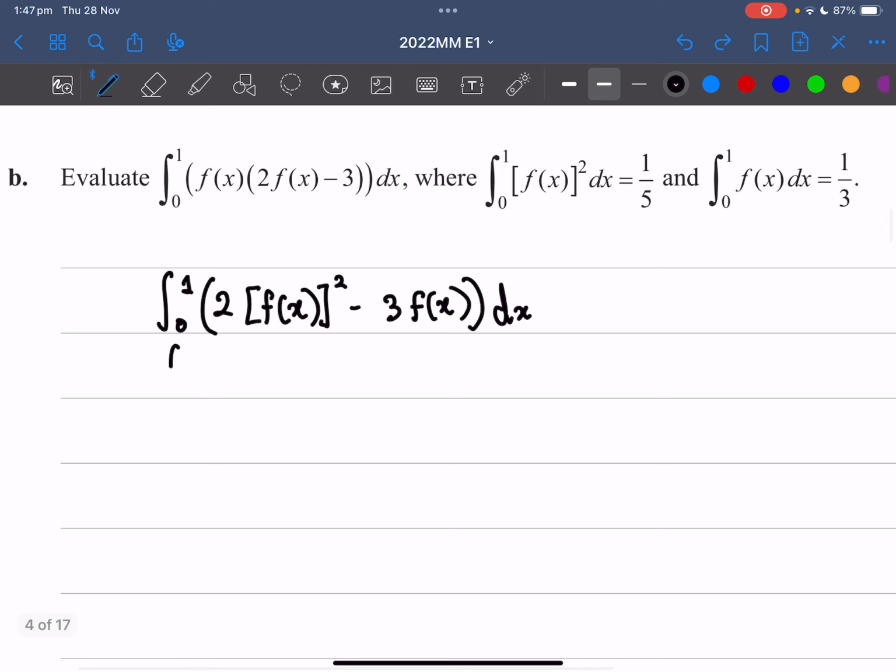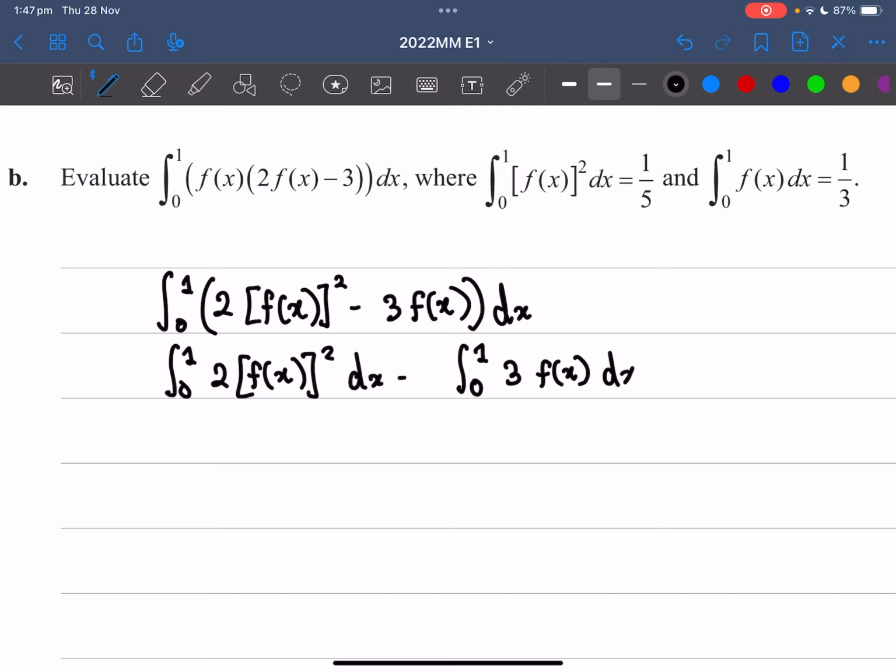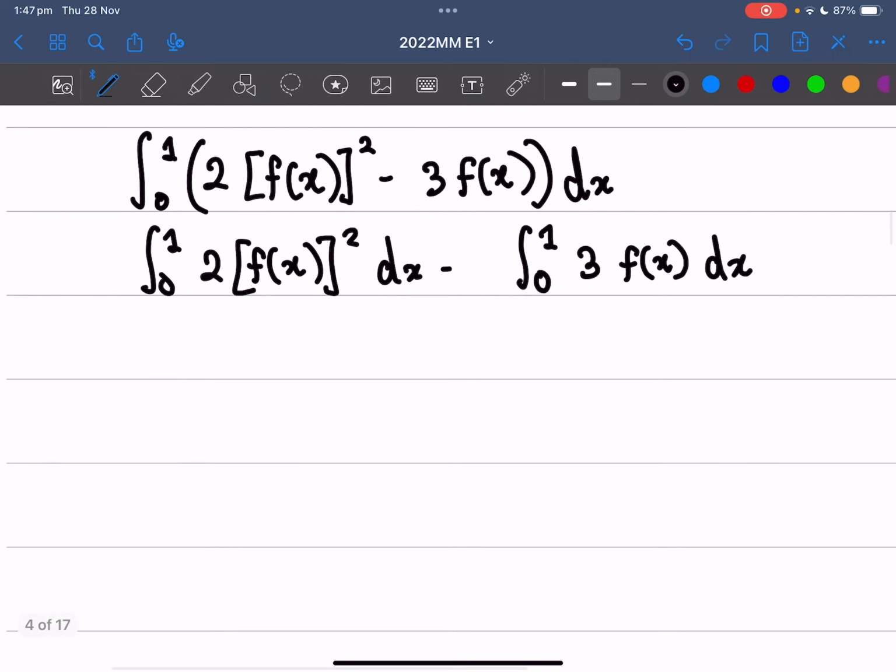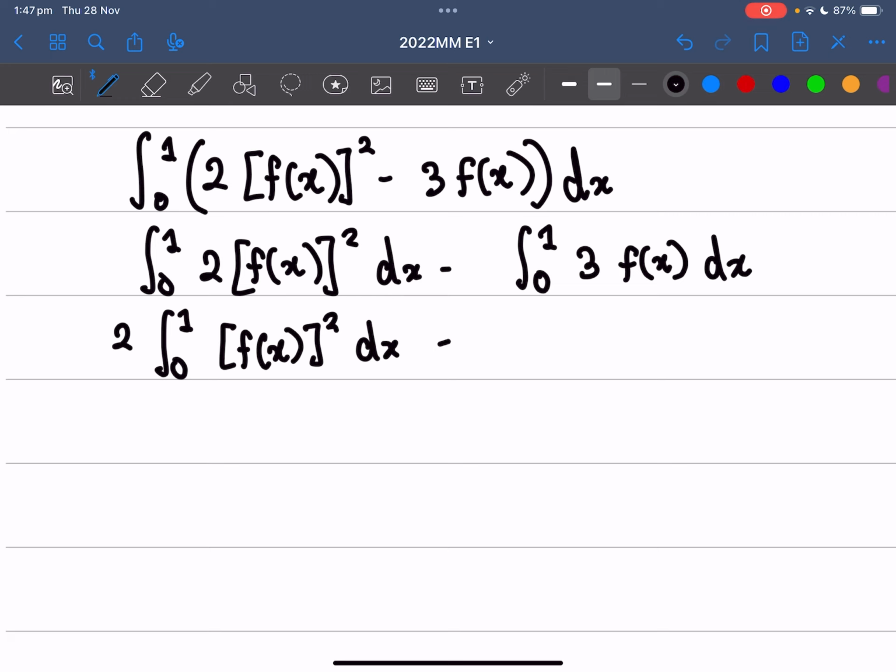So the integral from 0 to 1 of 2 f of x whole squared dx, take away the integral from 0 to 1 of 3 f of x dx. Then we'll take the constants out, like this 2 and 3. So 2 times the integral of f of x squared dx, take away 3 times the integral from 0 to 1 of f of x dx.